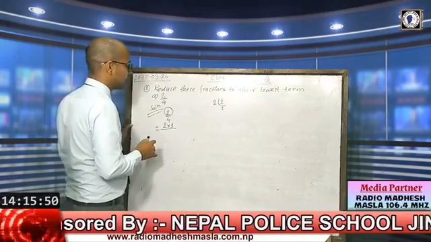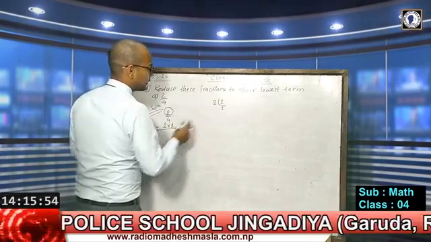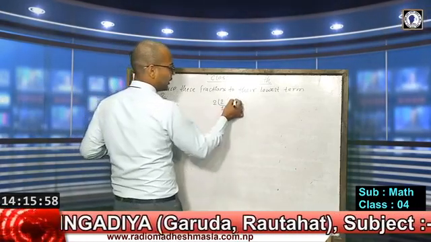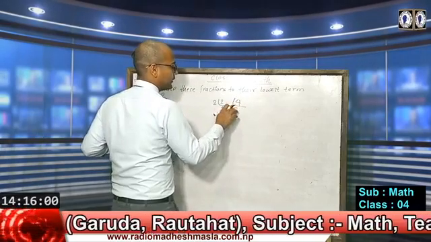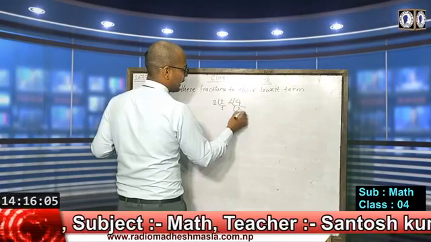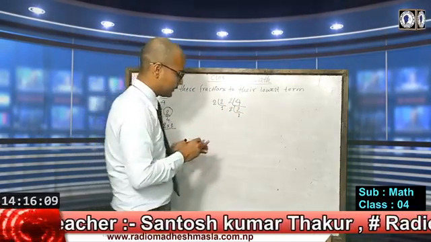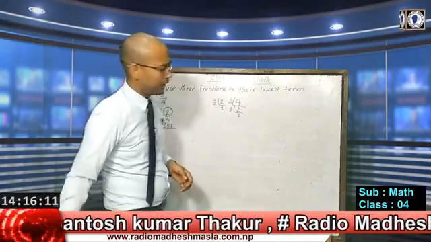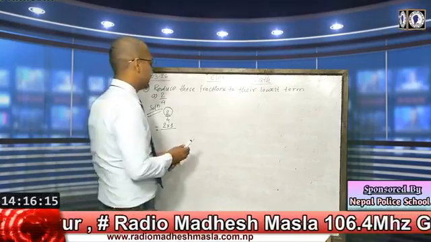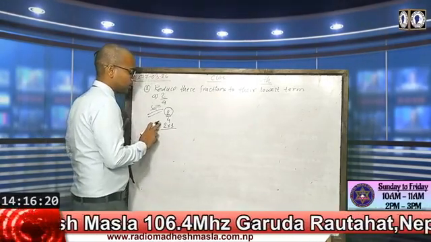Then we have 4. In 4 also we take out the factors, like 2 twos are 4 and 2 ones are 2. We leave the numbers when they are prime. 2 is already a prime number, so we multiply 2 by 1.